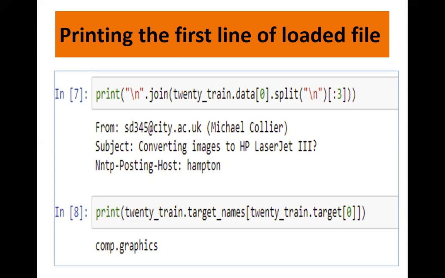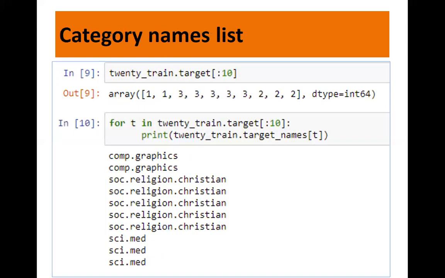Is it fine? So printing the first line of the data and the class label of that data, we could do it successfully. Fine. Now, in the case of the category names, it has converted them into numeric values, right? So the category is the name of the news group, which also happens to be the name of the folder holding the individual documents, right? For speed and space efficiency reasons, scikit-learn loads the target attribute as an array of integers.